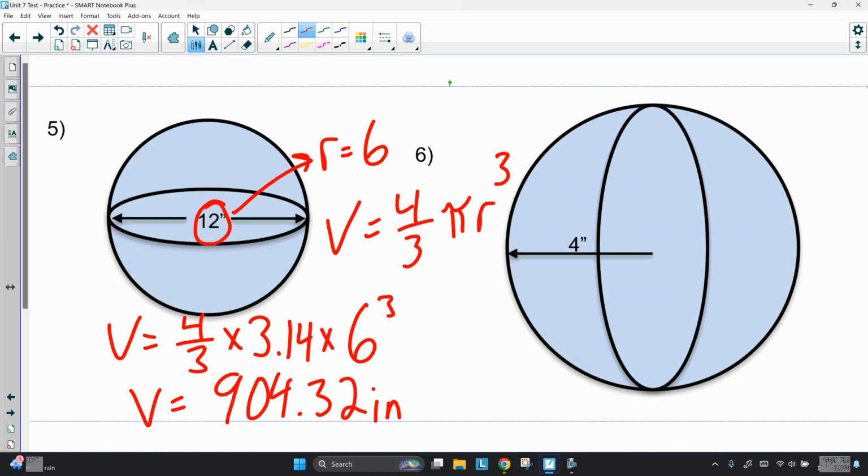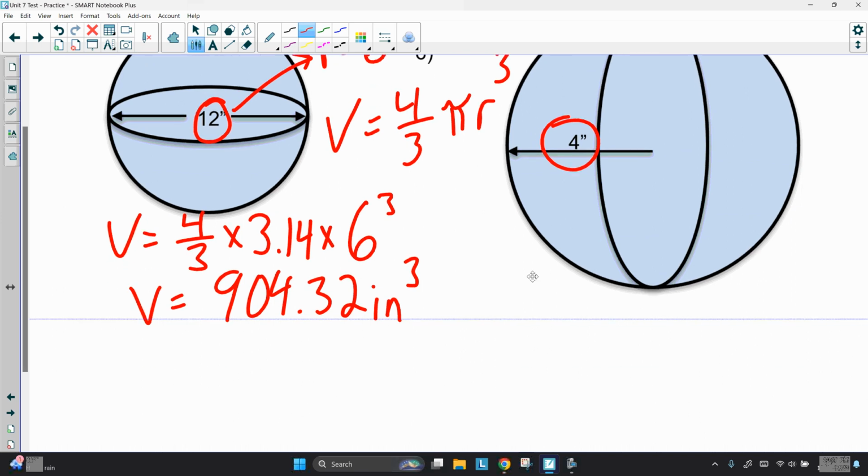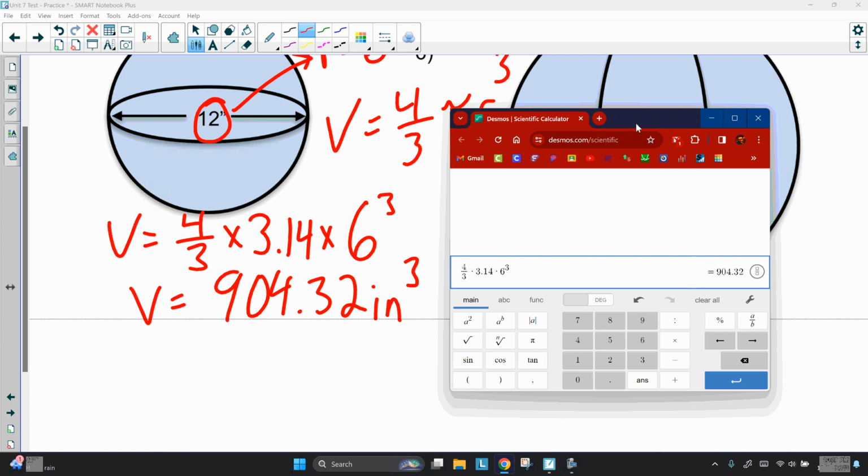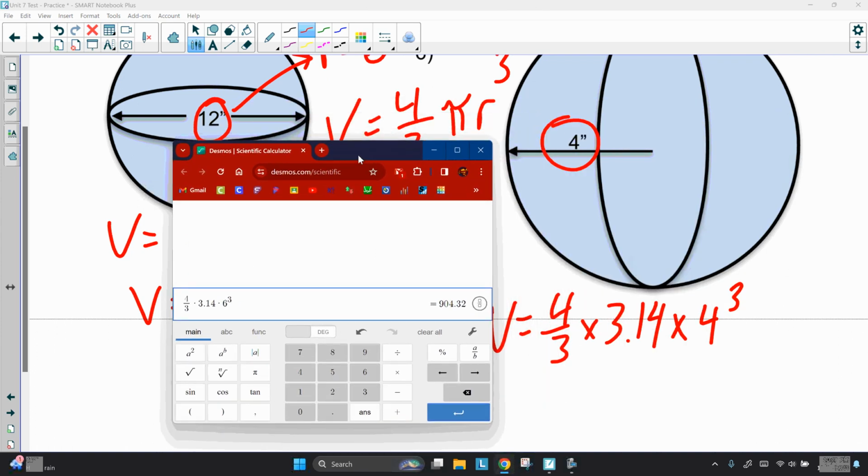This guy is simply just going to be 4. So I'm just going to scroll down, give me some space. The volume is 4/3 times 3.14 times 4 to the cubed, or 4 to the 3rd power. Again, I'm going to pull up Desmos, but remember, work smarter, not harder. I'm just going to simply change that 6 to the 4, because everything else should be the same.